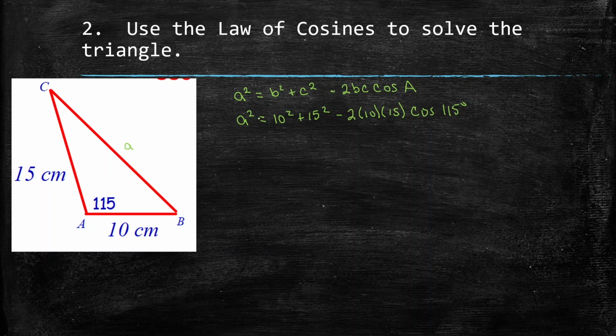You can figure that out. I end up with A squared, or A equals 21.3. And this is centimeters. Same units that we had here. So now A equals 21.3 cm.